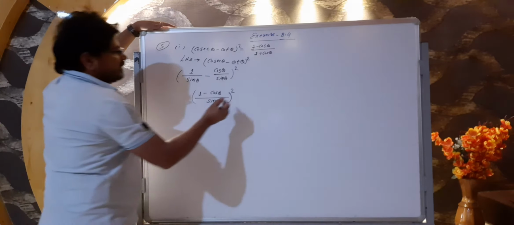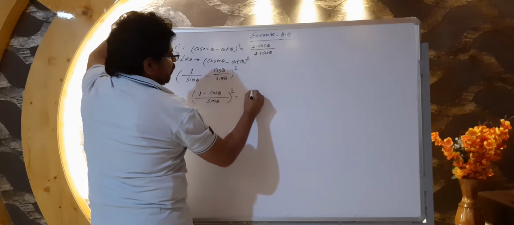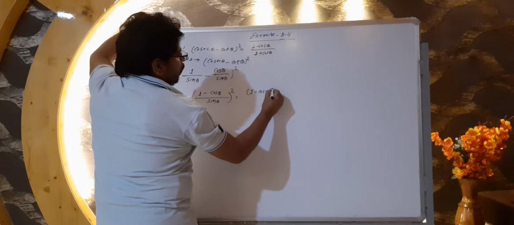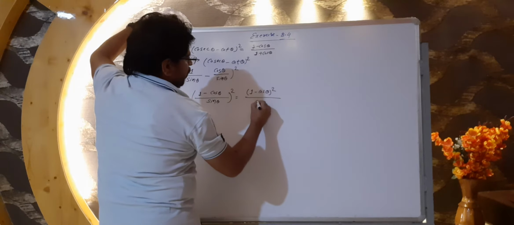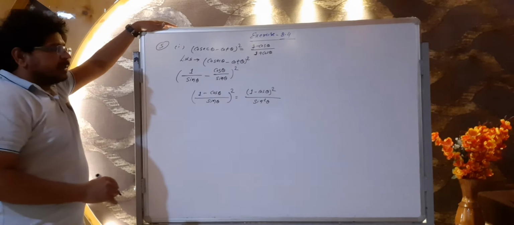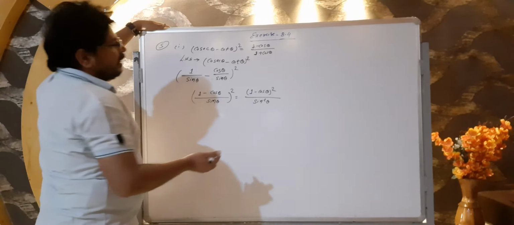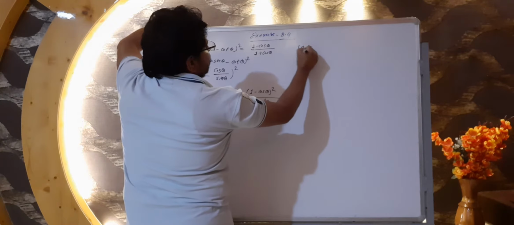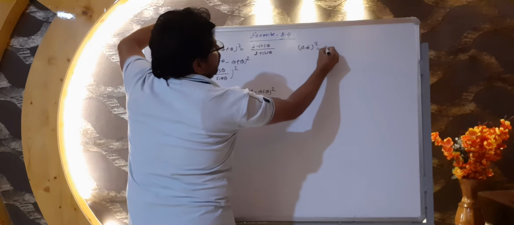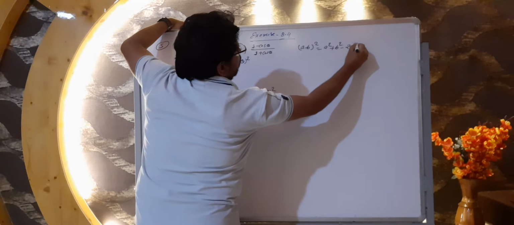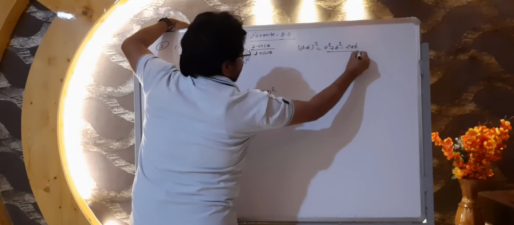Okay guys, we can write this in this manner also: 1 minus cos theta whole square upon sin square theta. Can we write like this? Yes, we can write. And now our identity is well known to us. A minus b whole square is equal to a square plus b square minus 2ab. Right?